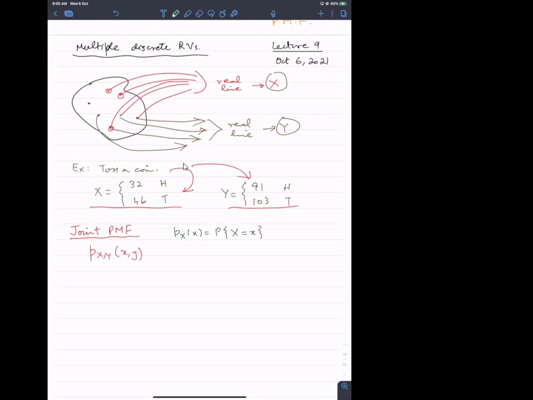By the same token, this is equal to the probability that X takes the value x and Y takes the value y.